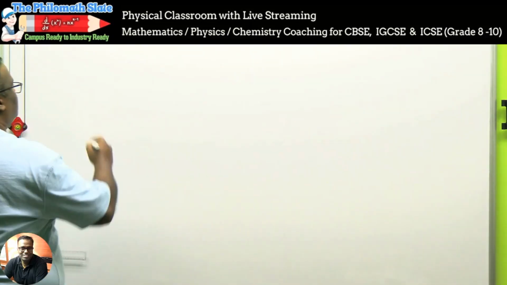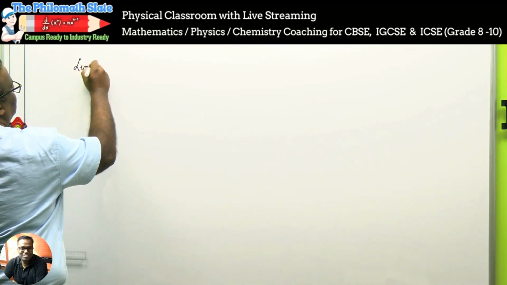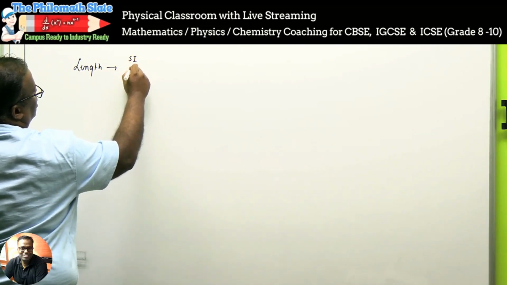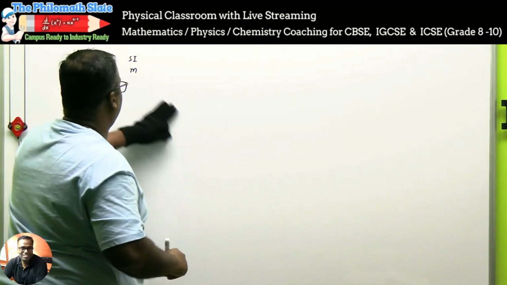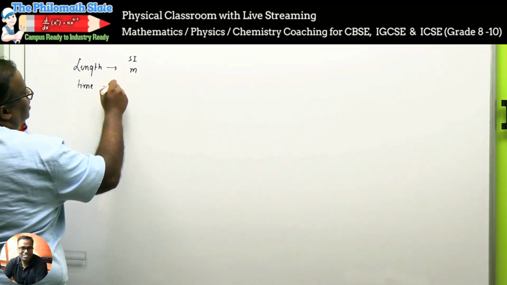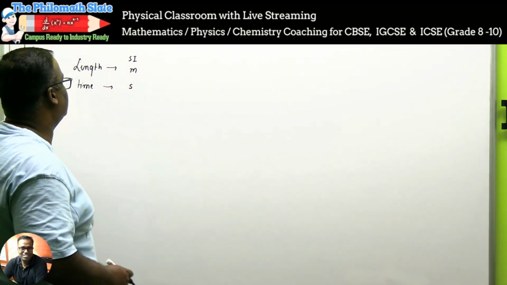Okay. Now, when we talk about length, in SI system, we would be using the units called meters. Okay. And when we talk about time, we would be using the units, that's second. Meters and second, we write it as m and s.